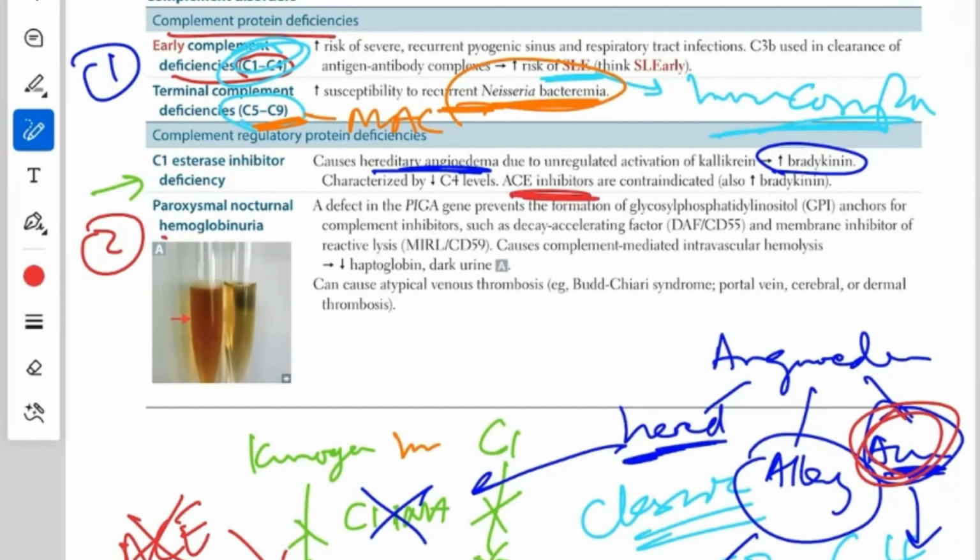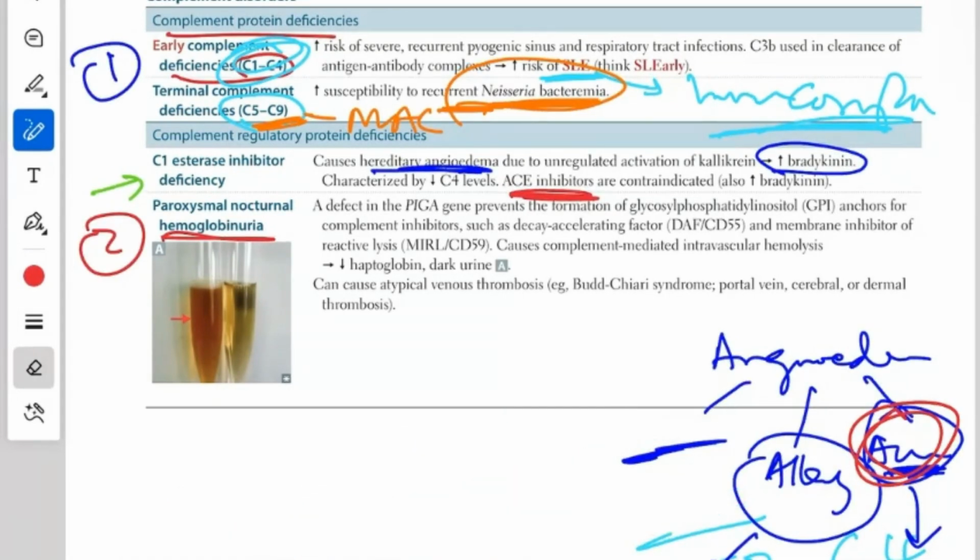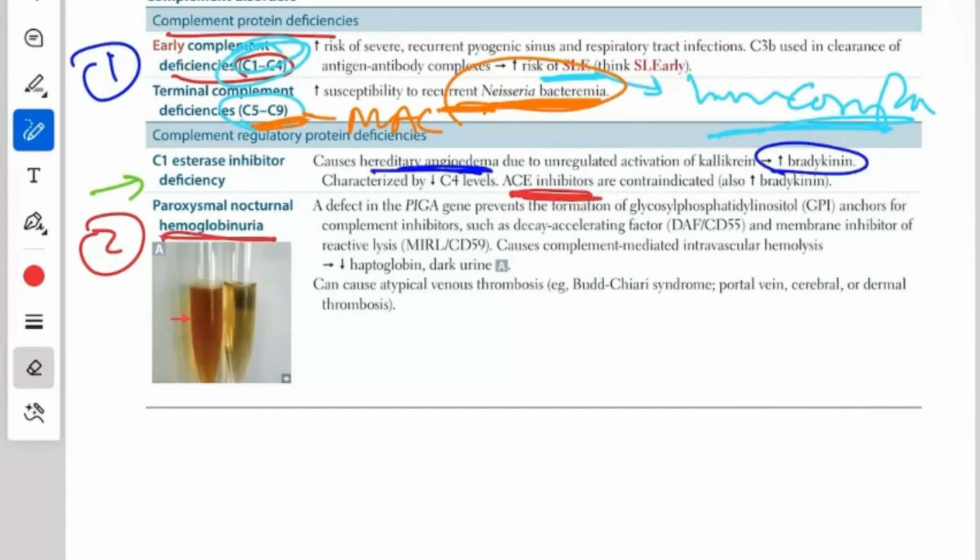So the next one we'll be talking about here is PNH. So what is happening here? There's a gene called PIGA, phosphatidylinositol glycan class A. The PIGA gene codes for an anchor on the cell membrane.